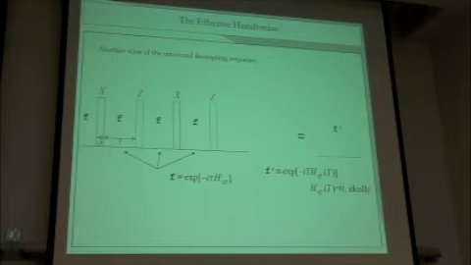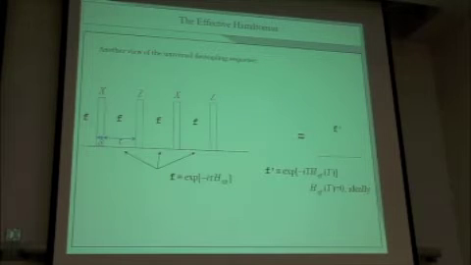Here's another way to look at it. X, Z, X, Z, or maybe Z, X, Z, X, where it doesn't matter, with free evolutions in between. Now I'm doing this slightly more realistically. I'm allowing the pulses to have some width, delta. And in between I have these free evolutions. If everything went perfectly, at the end of this pulse sequence I would have an effective Hamiltonian that is zero, ideally.